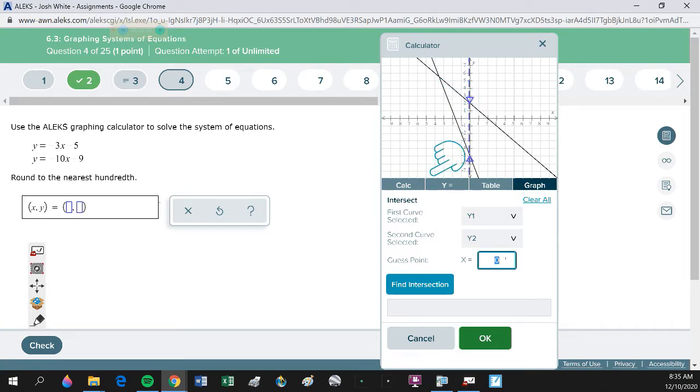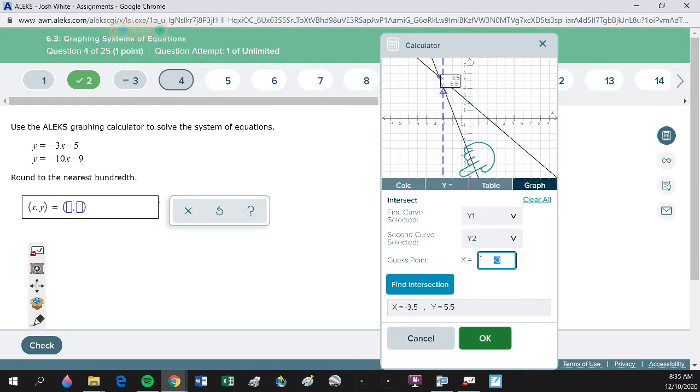So for my guess, I'm going to type in negative 3, click find intersection, and it will spit out that number, negative 3.5, 5.5. It says guess point, x equals, so my guess is my x.